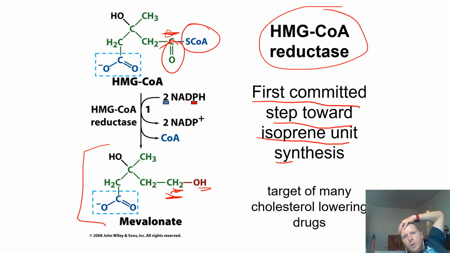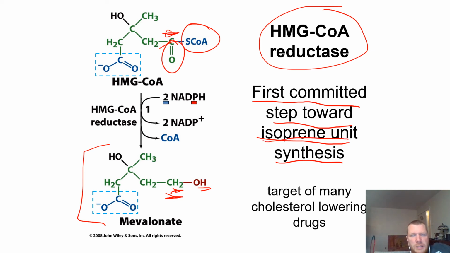Now, isoprene unit synthesis can go in a number of different directions. It can go to vitamin biosynthesis, but when you think about the risks associated with where this is going, this says isoprene unit synthesis.